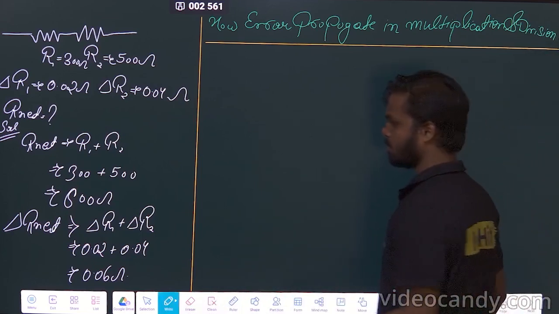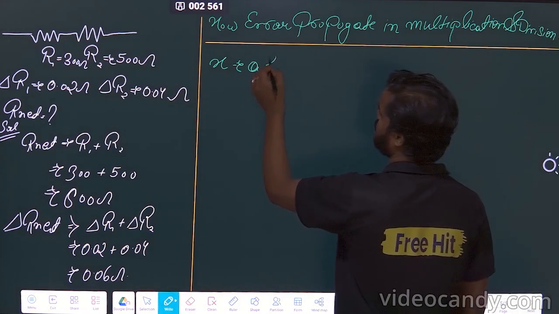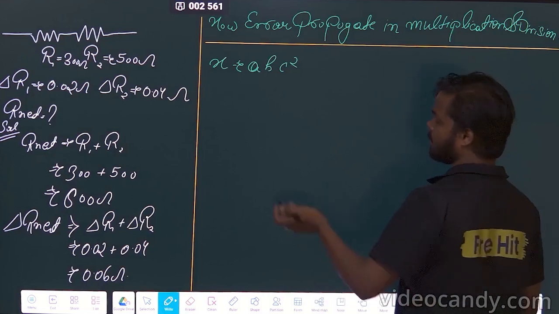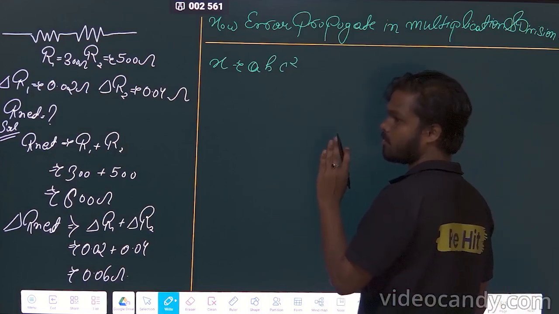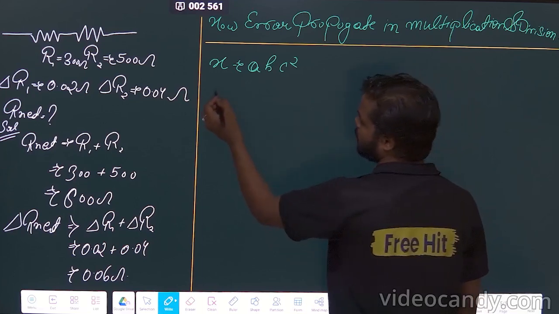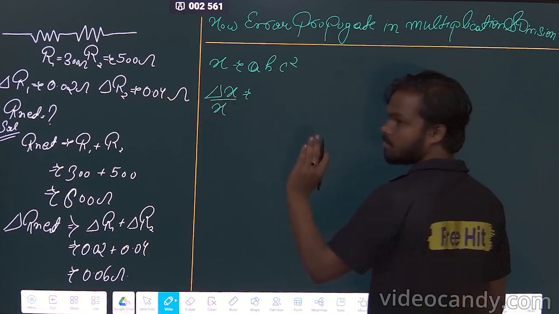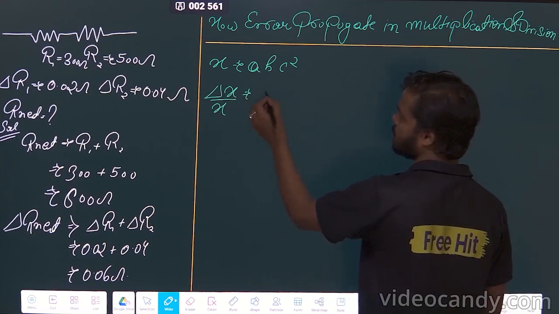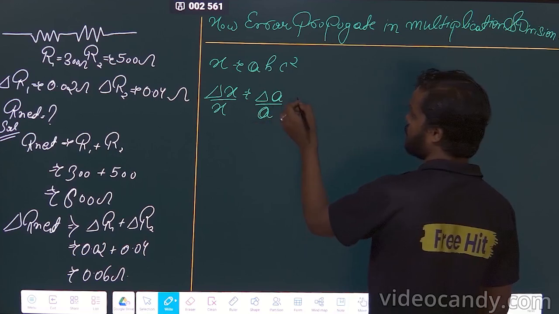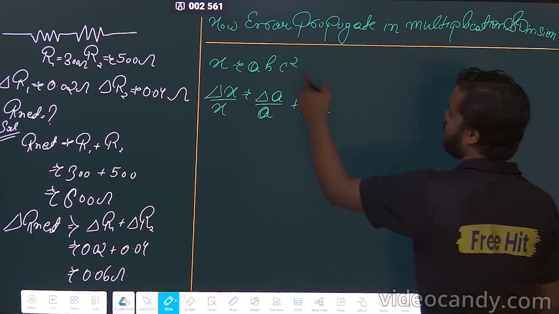Suppose something is given like this, x is equal to A B into C square. Then you have to remember a simple thing, it is a very favorite topic of any competitive exam. Mostly for NEET it is very favorite. Simply you have to write delta x by x, and remember errors are always added: delta a by a plus delta b by b, and what is the power here? 2.